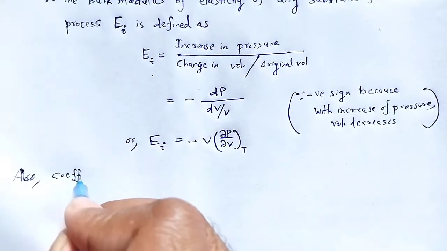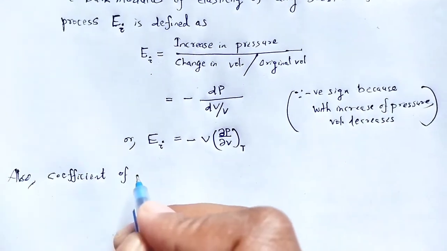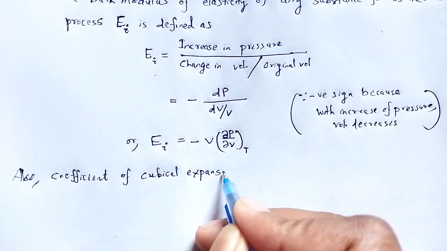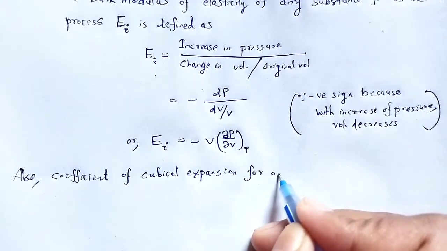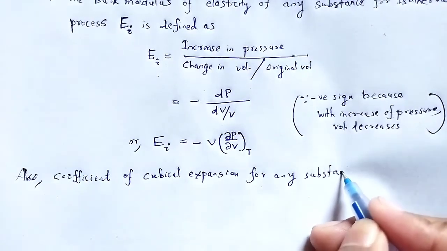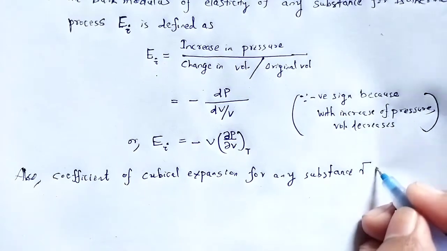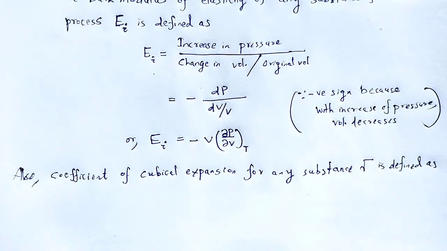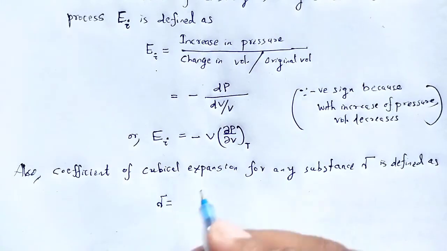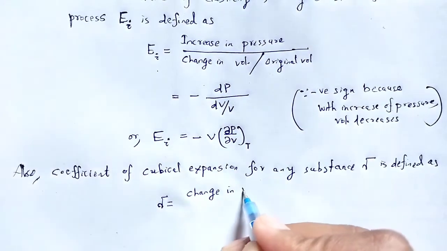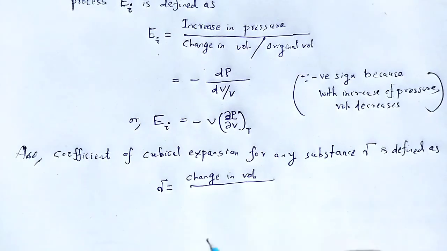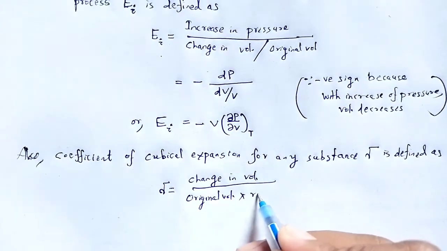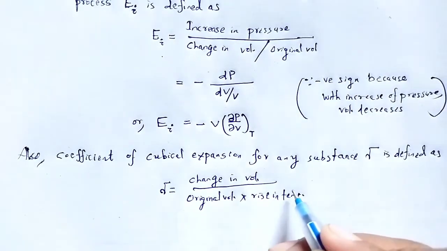The coefficient of cubical expansion for any substance, gamma, is defined as change in volume to that of original volume into rise in temperature.